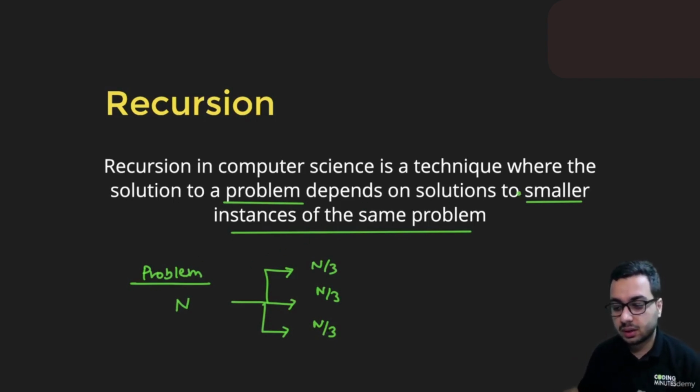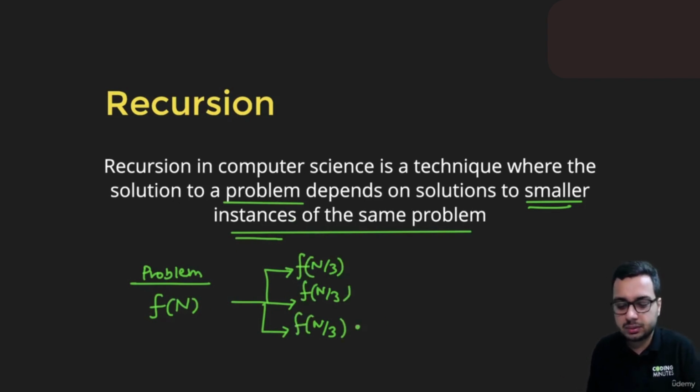And what is the meaning of smaller instances of the same problem? Let's say we want to compute some function f, then the smaller problem will also be on the same function f. So I will try to explain with the help of one very simple example. Let us see the most classical example that is taken to teach recursion, that is the factorial question.